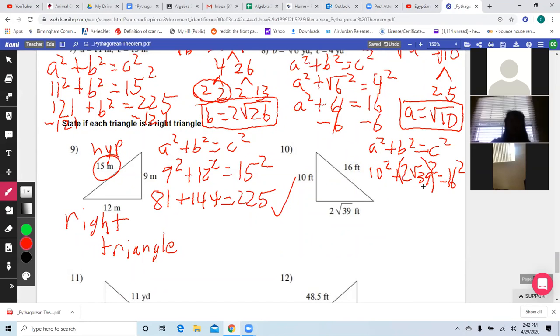So you see what happens here is 2 squared is 4, and root 39 squared is 39. So it's 4 times 39. Does everyone see where that comes from? 2 squared is 4, and root 39 squared, the square root and the square cancel, so you're left with 39. So this whole thing becomes 4 times 39.